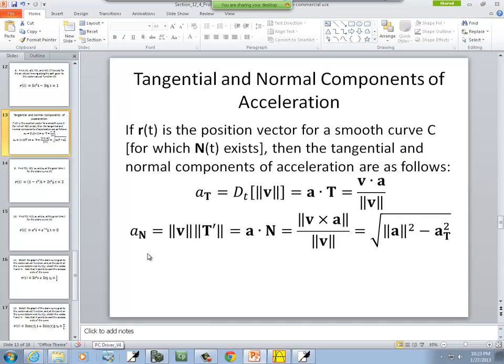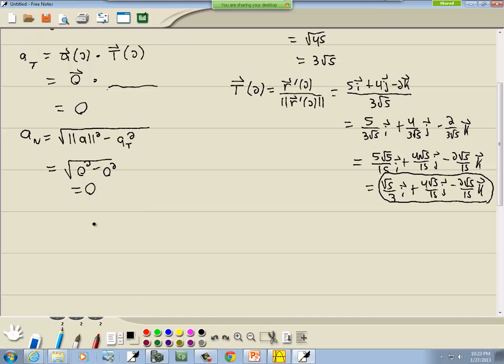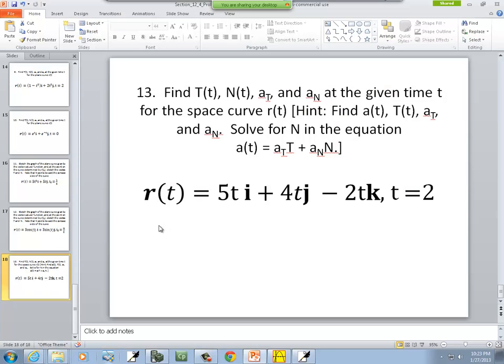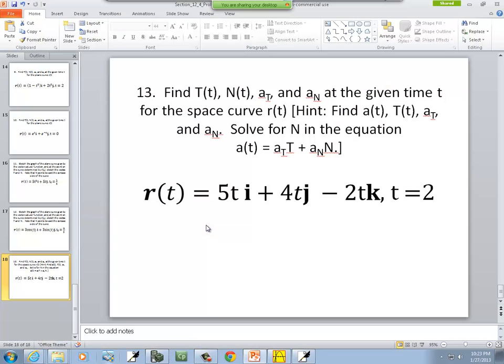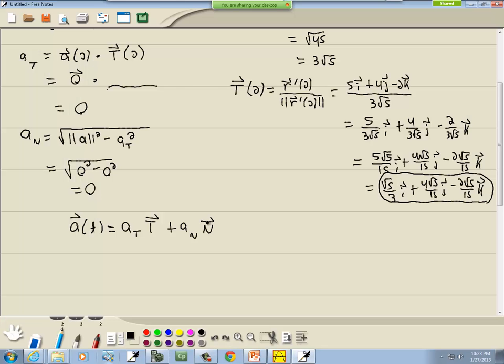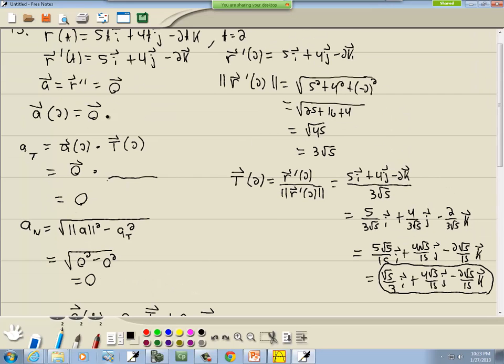So now it tells us to go down here, plug into this formula. So we got a of t is equal to, well, this right here was, what was that? It was a 0 vector.